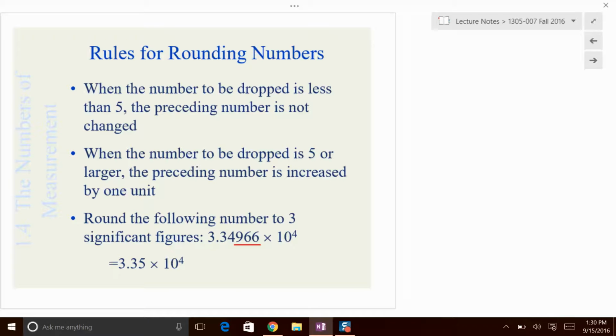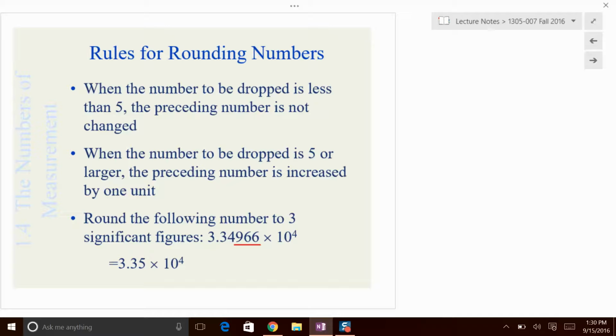Okay, how do we round numbers? If we're going to round to 3 significant digits, because I need to record my answer in 3 significant digits, and I do a calculation that gives me a whole bunch of numbers, how many numbers do I keep? I go to the 3rd significant digit, and I look at the number that comes after it.